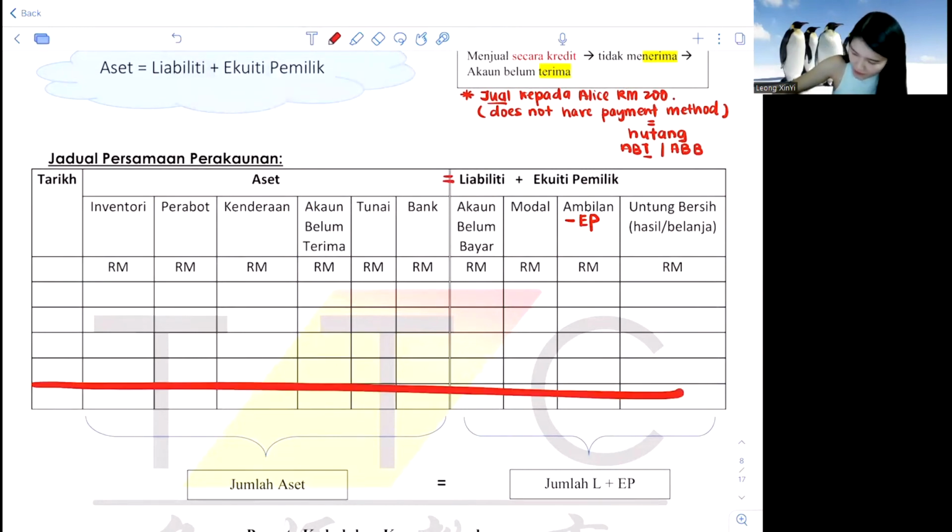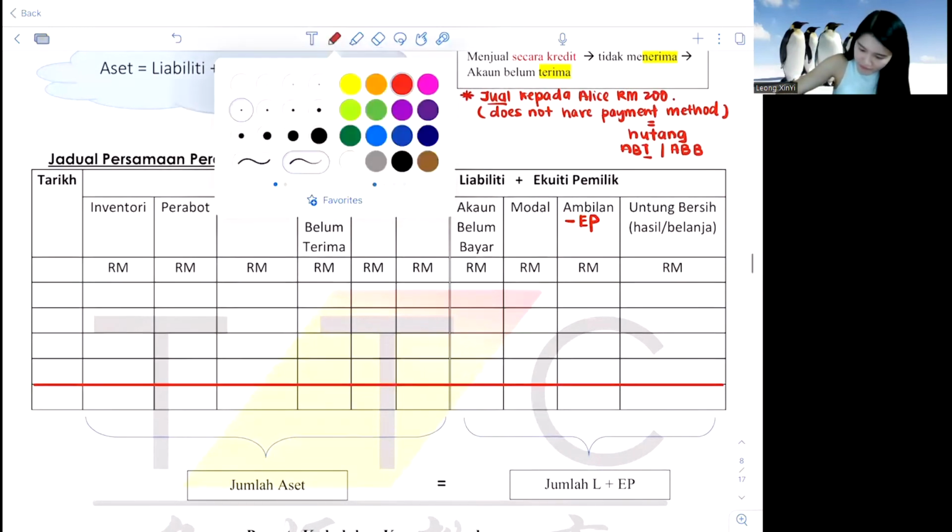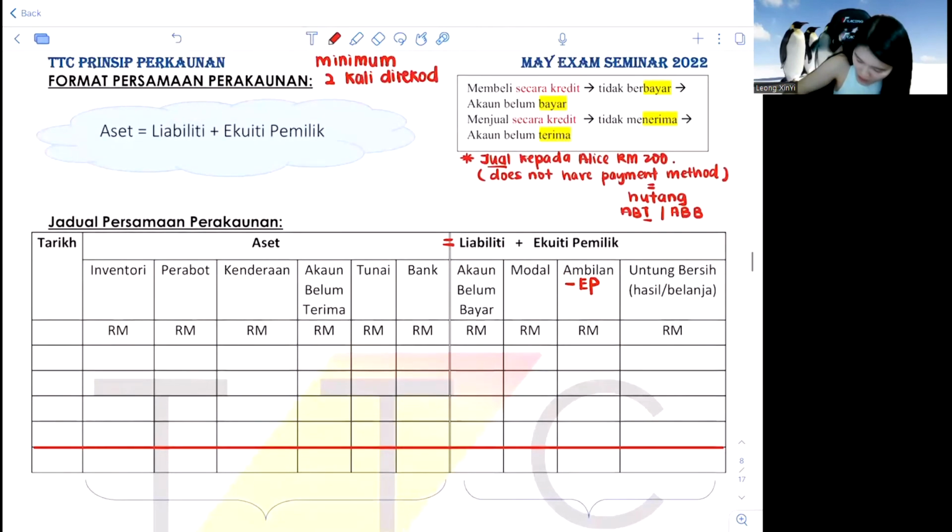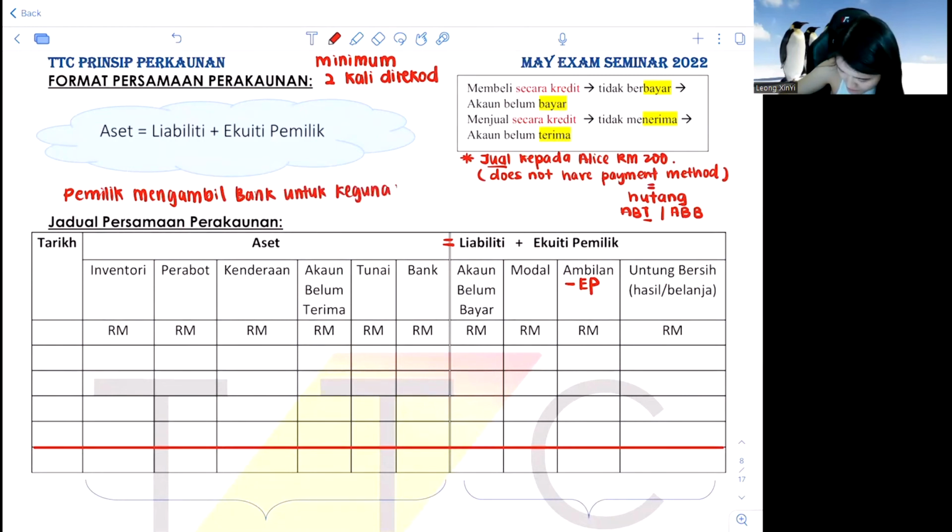Example, if I put it like this: pemilik mengambil bank untuk kegunaan sendiri RM 200.